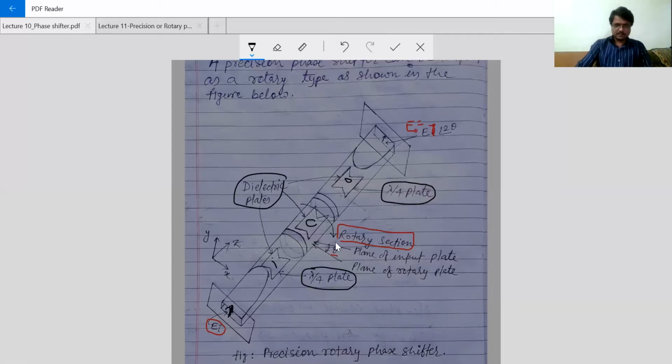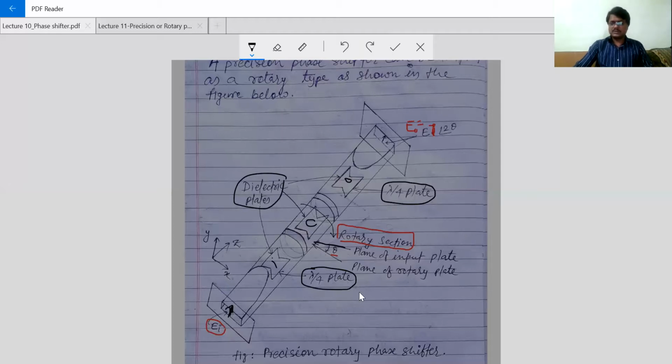And what is this one? This rotary section may be rotated. Let us suppose it is put at theta degrees with respect to the input plate and output plate. This is the plane of the input and output plates, and this is the plane of the rotary plate. So the angle between the rotary plate and the input plate is theta.